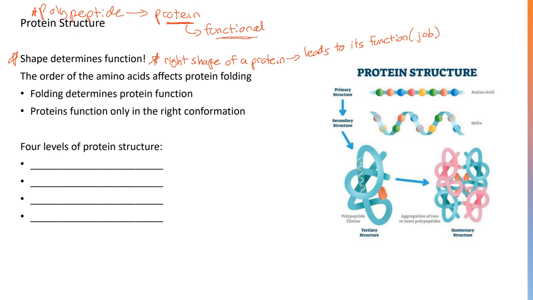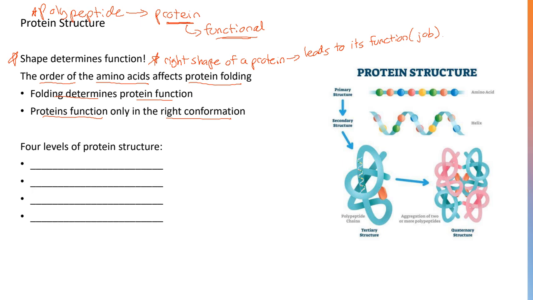And how does it fold? Well, the order of the amino acids is going to be extremely important because that's going to affect protein folding. So folding determines protein function. Proteins only function if they are in the right conformation.